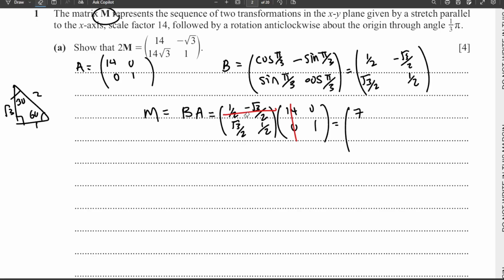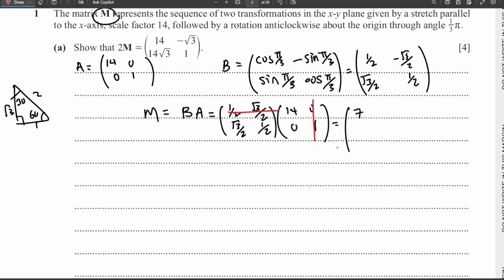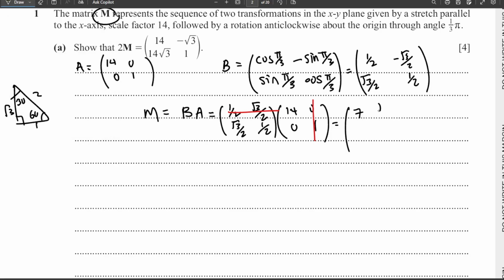That's the first one done. Now we take the second one. We take the row, then the column: negative 1 half times 0 is 0, and square root 3 over 2 times 1 is just square root 3 over 2.